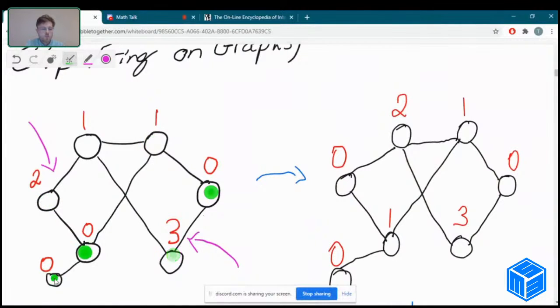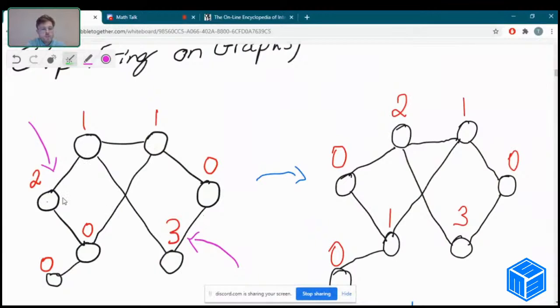They have no chips. And the rules for chip firing are, at every step, the player, which is me, chooses a vertex that has at least as many chips as it has neighbors. So the word neighbor just means another vertex that you share an edge with.